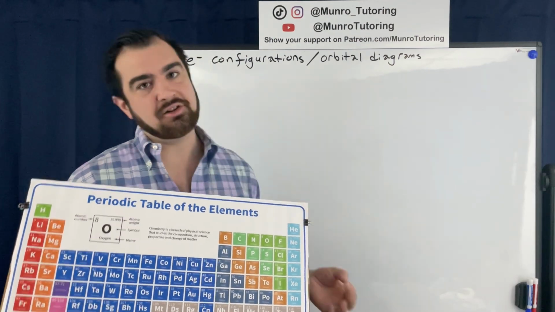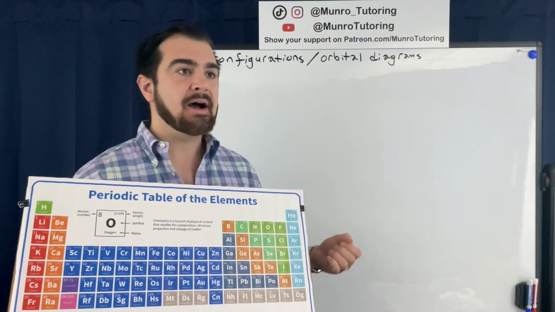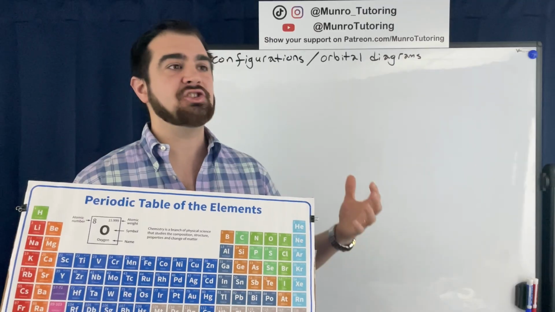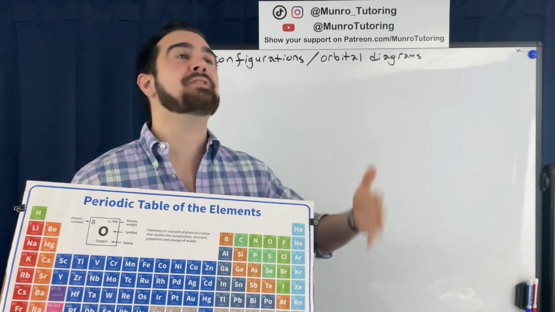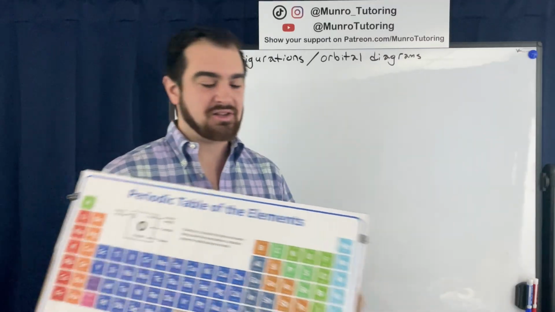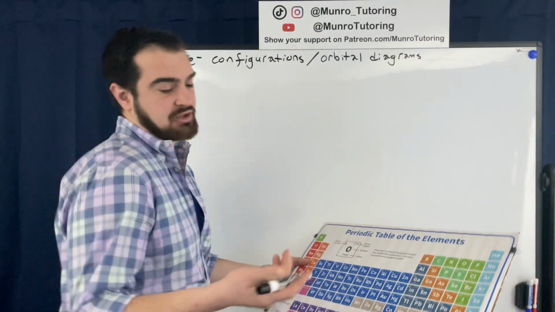So what we can do is we can always take, for a larger element, the noble gas that precedes it, and just show that basically this element is going to have the same configuration as that noble gas, plus some extra stuff. So let's do a quick example. Let's just do sulfur, okay?